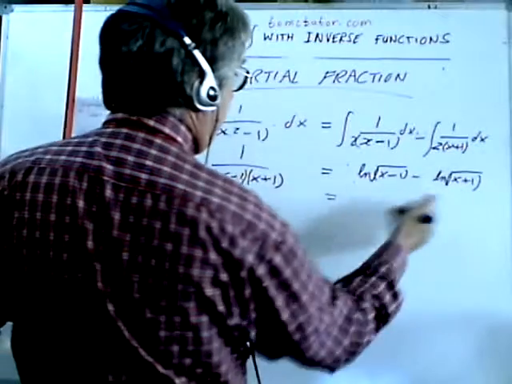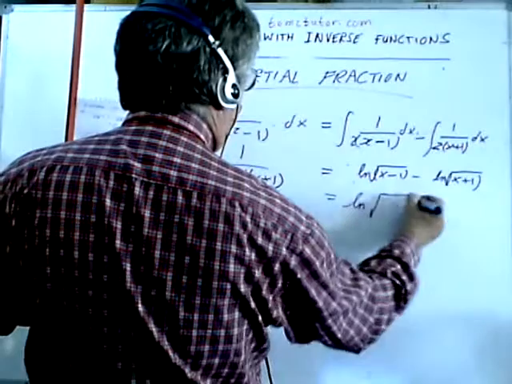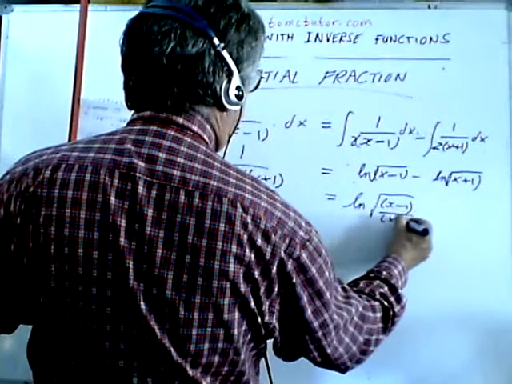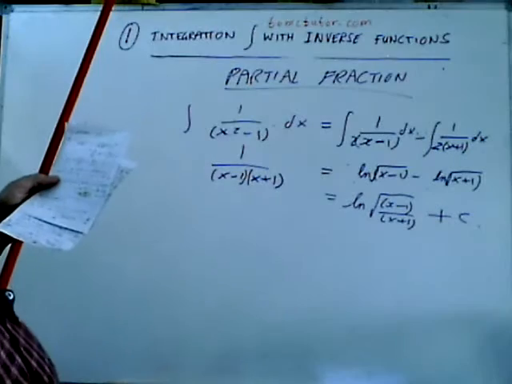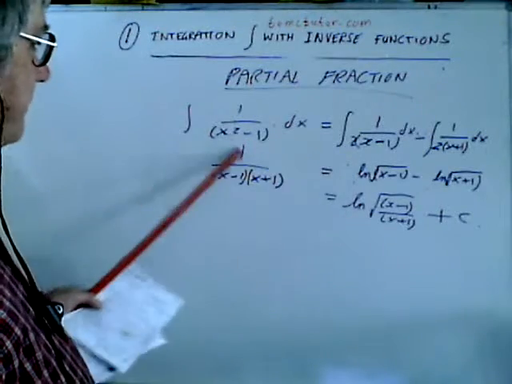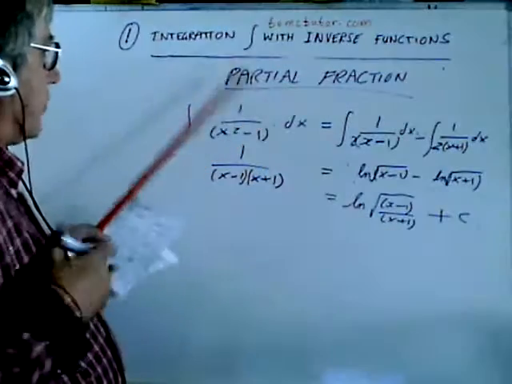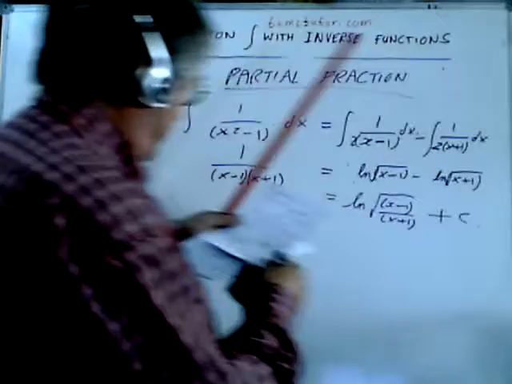Subtracting the logs is dividing the numbers, so it's just the log n of the square root of x minus 1 over x plus 1, plus a constant. Okay, so that looks right. Check that yourself, so I won't dwell on that. That's just mainly common sense.